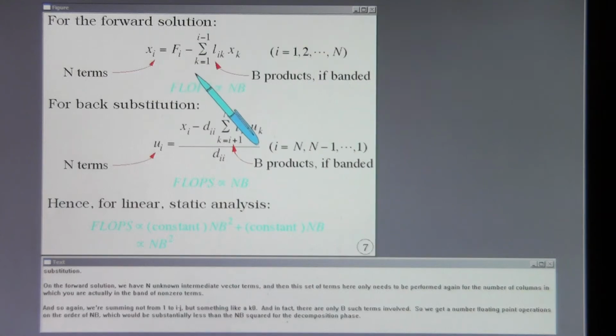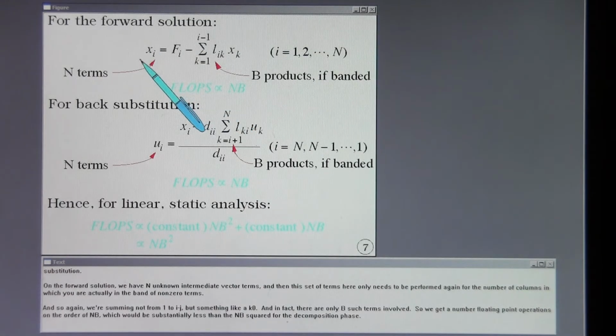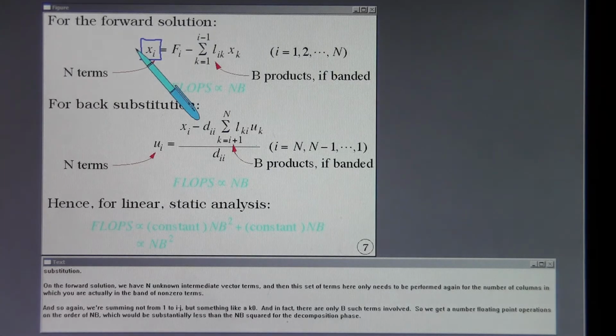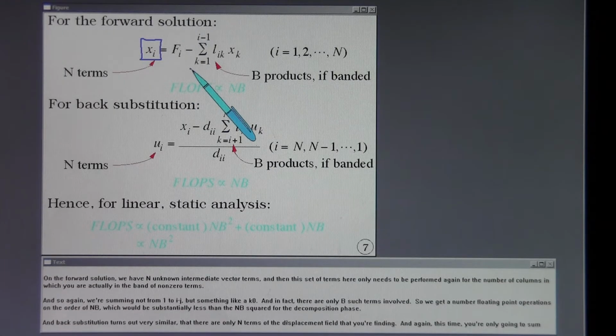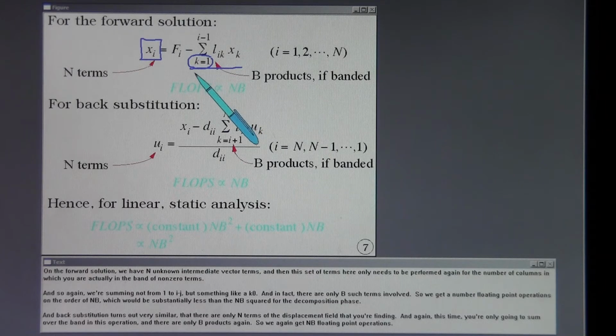On the forward solution, we have n unknown intermediate vector terms, and then this set of terms here only needs to be performed again for the number of columns in which you are actually in the band of non-zero terms. And so again, we are summing not from 1 to I minus 1, but something like a K0. And in fact, there are only B such terms involved.